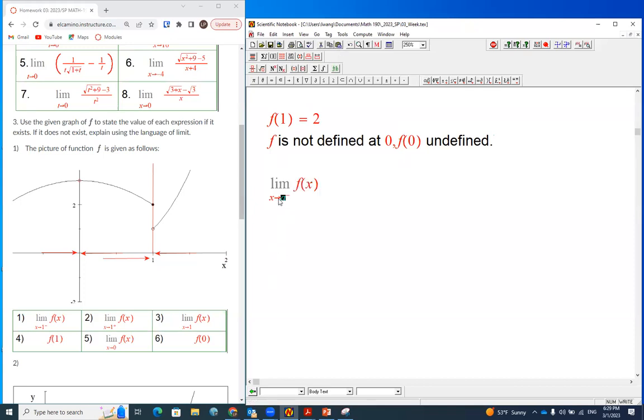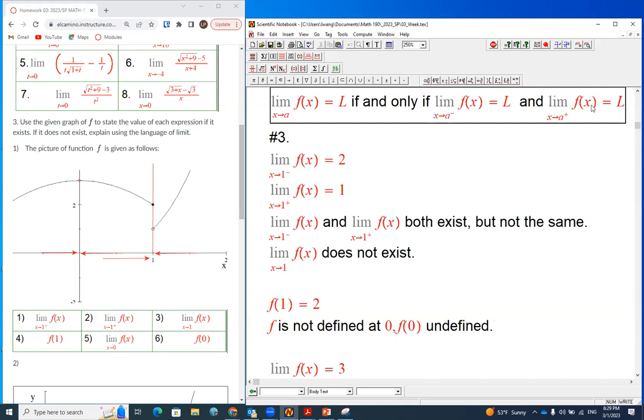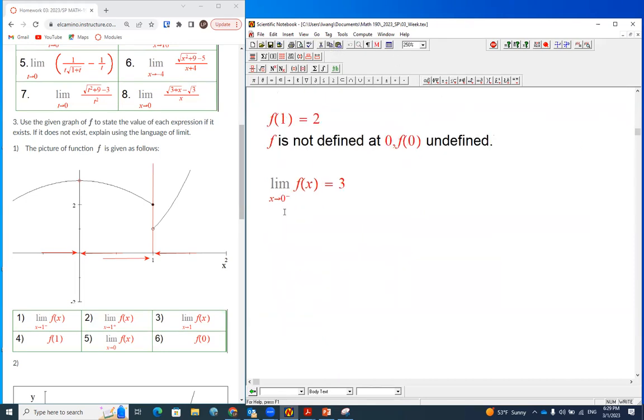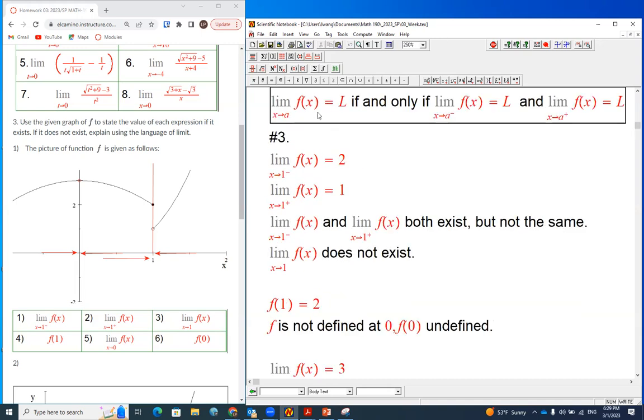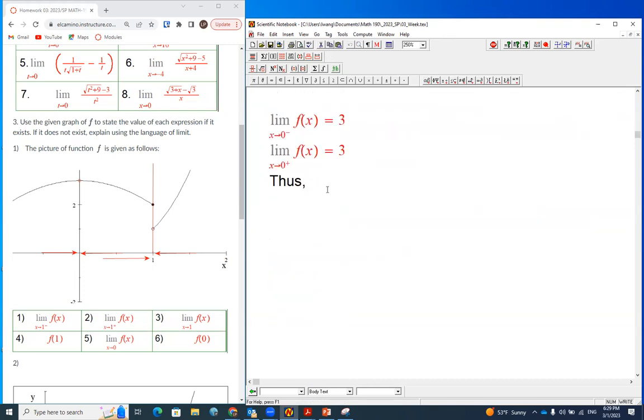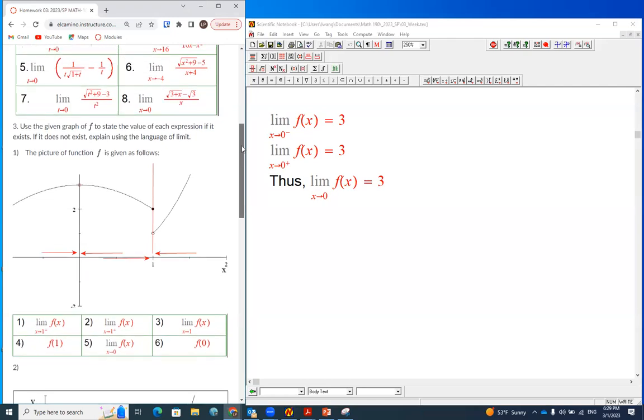When x approaches 0 from smaller than 0, the limit is 3. When x approaches 0 from larger than 0, the limit is also 3. And thus, we can say the limit as x approaches 0 is equal to 3. You can see we utilize this relationship to speak about it.